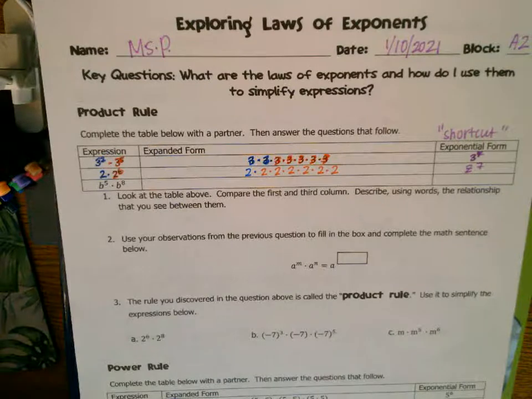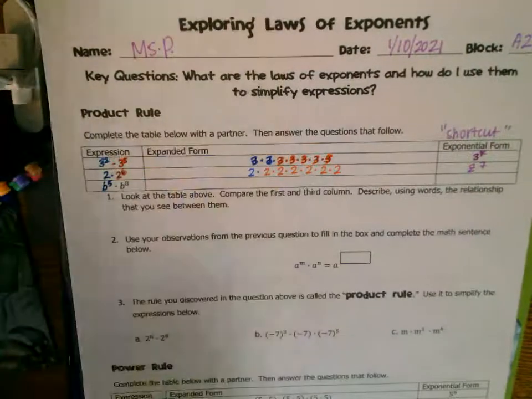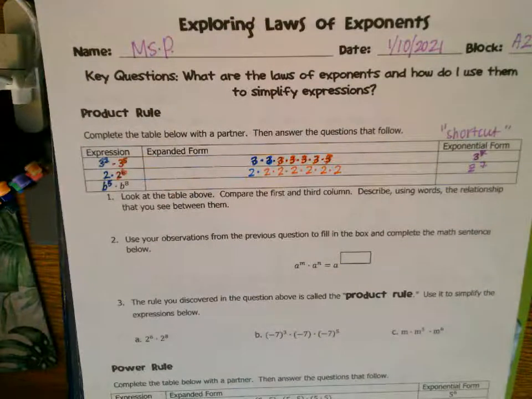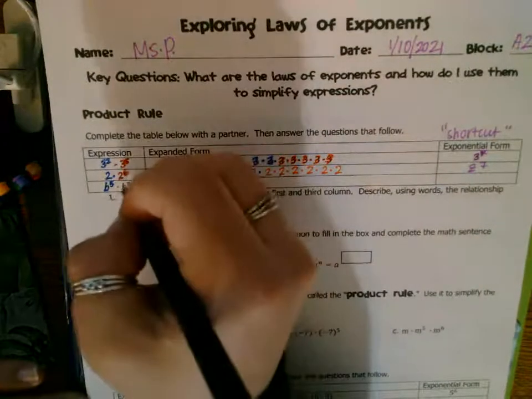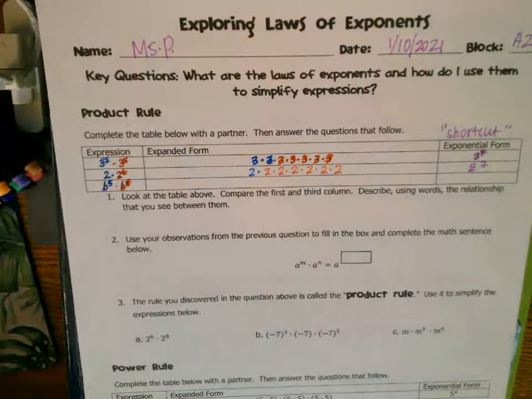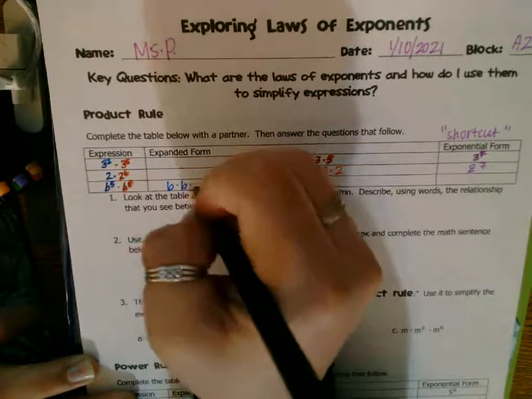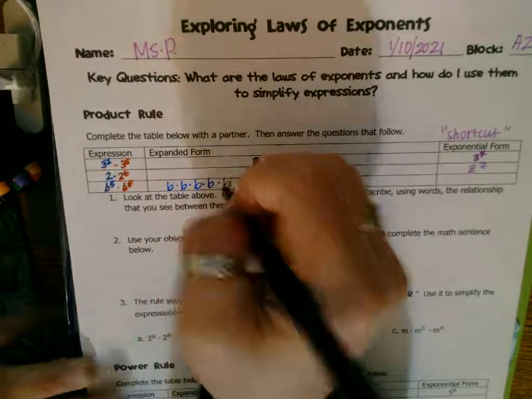And lastly, b to the 5th, now we have a variable b, times b to the 8th. What does that look like? Well, I have to multiply b by itself 5 times. So 1, 2, 3, 4, 5.